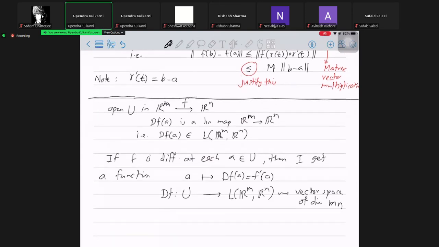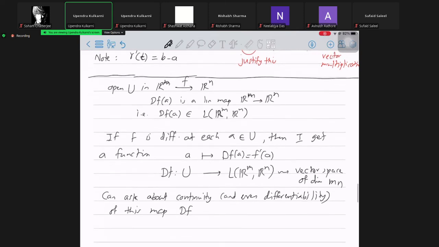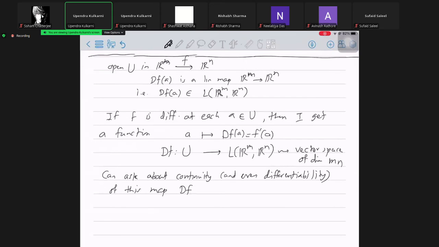Therefore, now I can start thinking about and can ask about continuity and even differentiability of this map df.